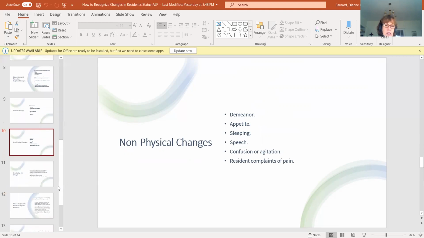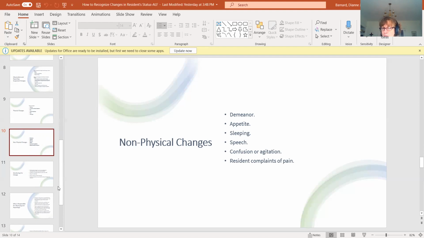And non-physical changes are more nuanced: demeanor, appetite, sleeping, speech. Confusion or agitation is a big one. Residents' complaints of pain. Of course, you wouldn't know somebody's demeanor unless you knew them, really. Confusion or agitation in somebody who is normally not confused or agitated is usually a medical emergency.